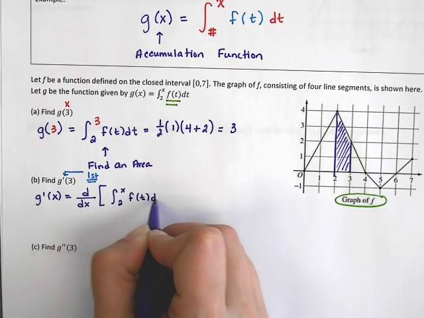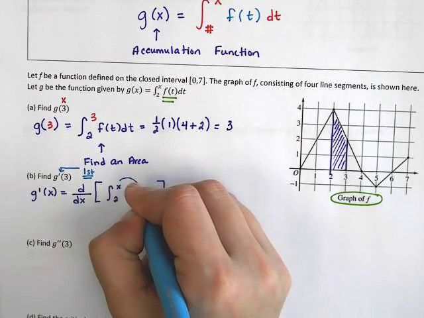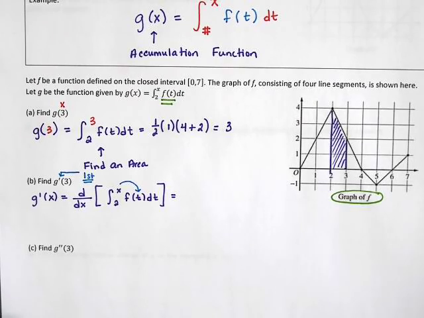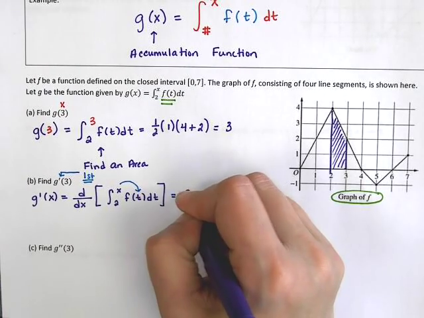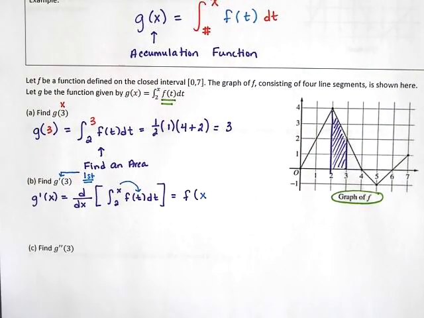Now, one of the things we learned was that the fundamental theorem says if you take the derivative of an integral, you end up just plugging in the x to the integral and then multiplying by the chain of the bound. In this case, that would mean that my new function is just f of x. And since the derivative of x is 1, there would be no chain to multiply by.